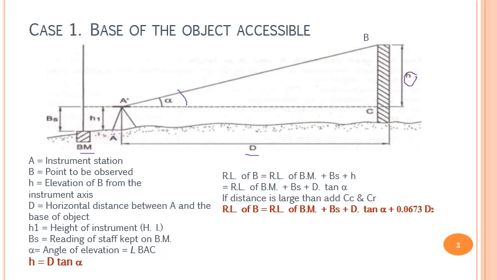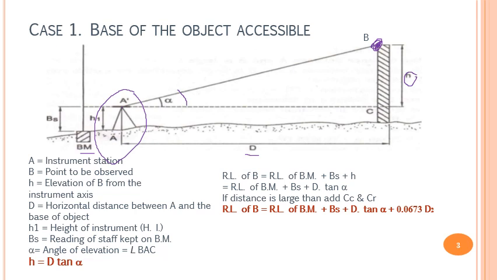When we refer to this diagram, A is equal to the instrument station, where the instrument, the theodolite, is set. B is equal to the point to be observed. This is the point from which we require to take the reading.